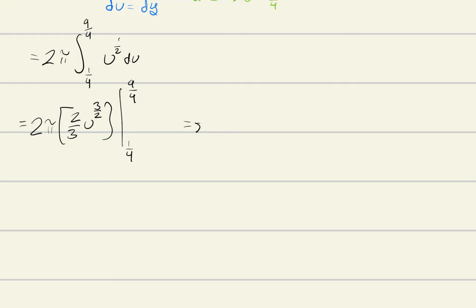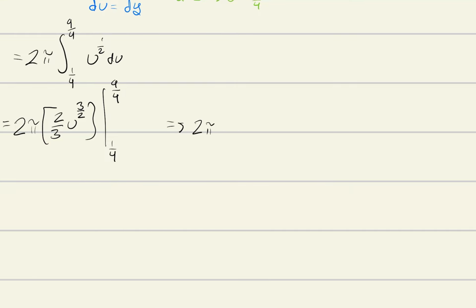And we can go ahead and evaluate this, which would be 2 pi times 9/4 square rooted is 3/2. 3/2 cubed is 27 over 8.